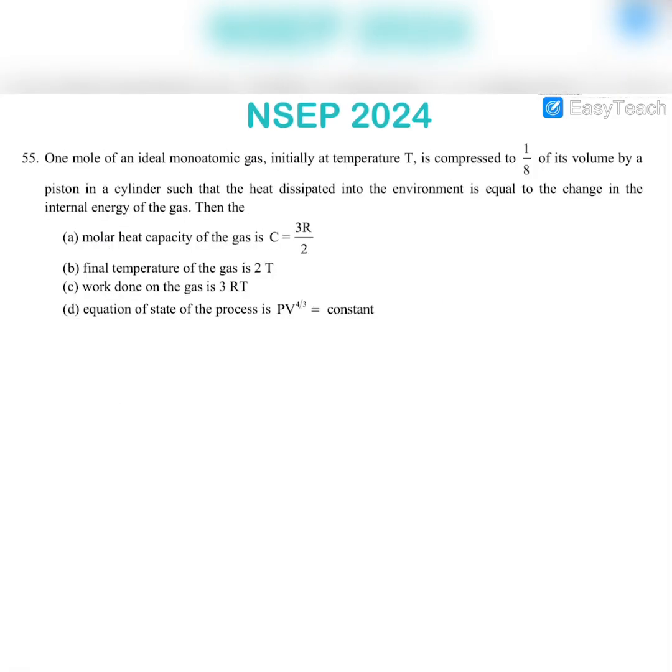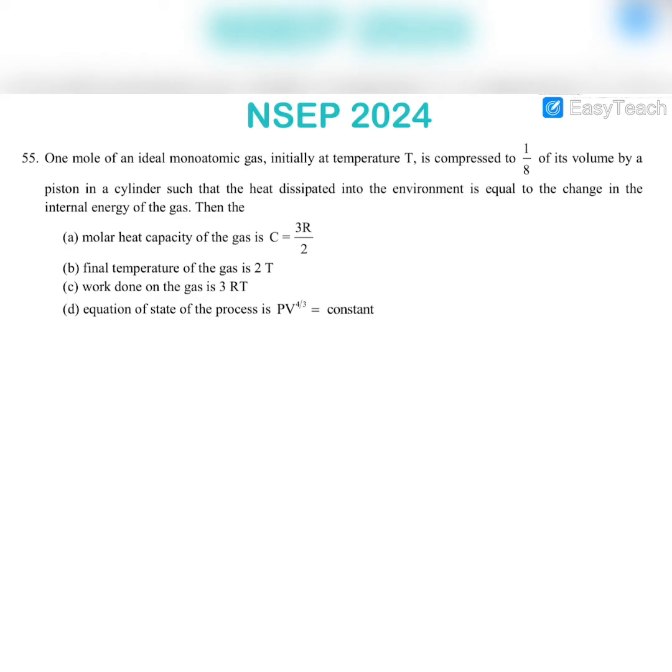In this question, you can see that 1 mole of a monoatomic ideal gas, which is initially at a temperature of T, is compressed to 1/8th of its initial volume by a piston fitted in a cylinder, such that the heat dissipated into the environment is equal to the change in the internal energy of the gas.